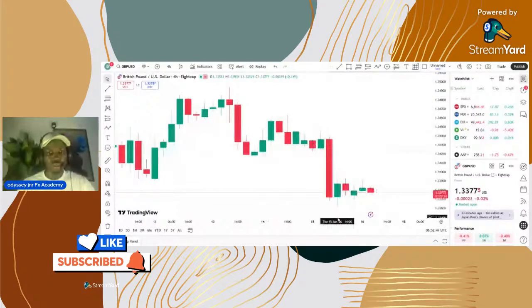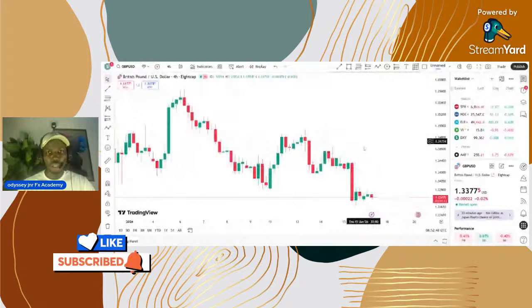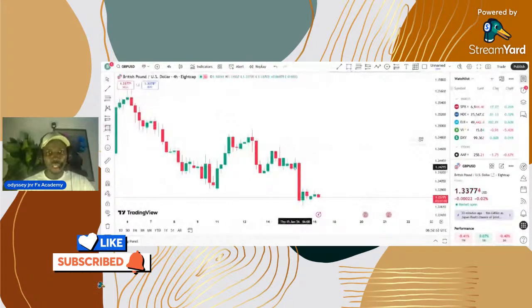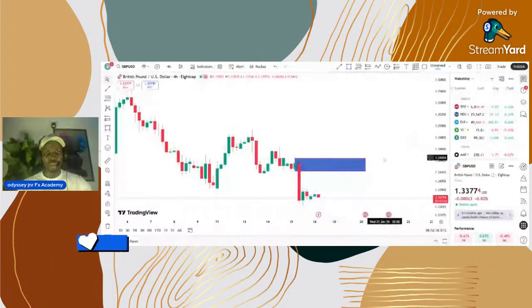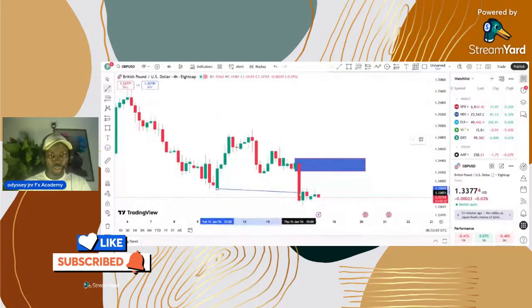We have this other block. You see this break of structure.